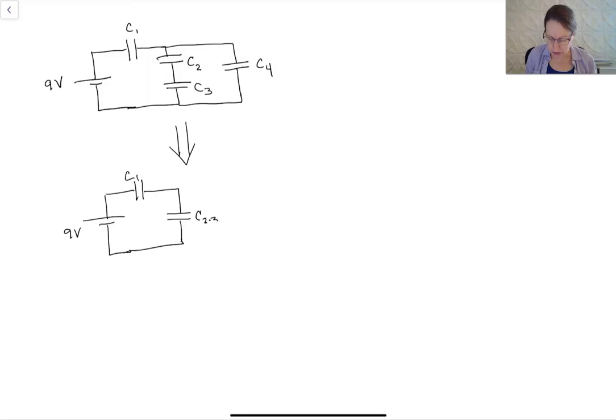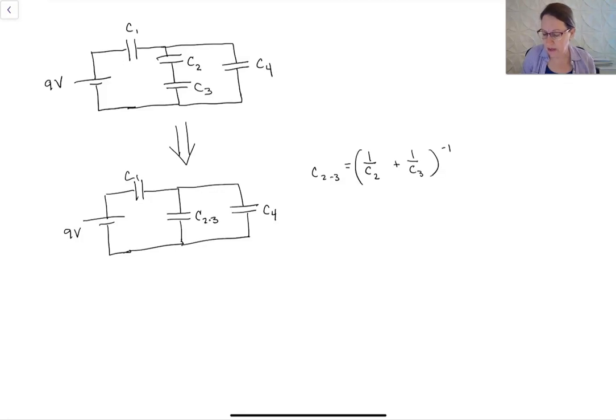I'm going to call it capacitor 2, 3, which is now in parallel with capacitor 4. And so capacitor 2, 3 is the equivalent capacitance of 2 and 3 in series, so it would be equal to 1 over capacitor 2 plus 1 over capacitor 3, to the negative 1. And once we have values, we'll work that out. I'm just giving you the overview, and then we'll go back and put numbers in.